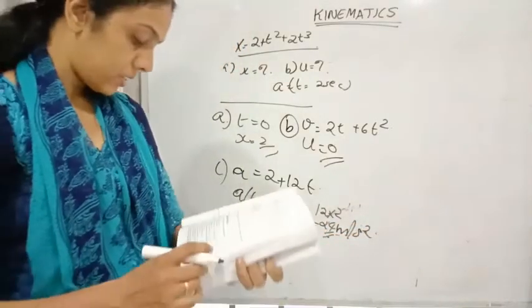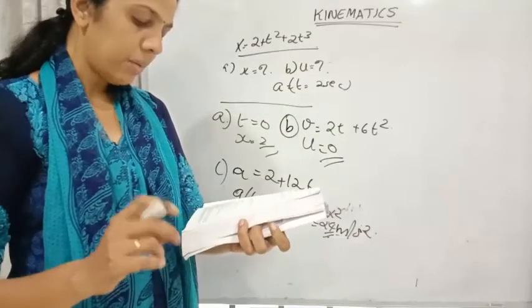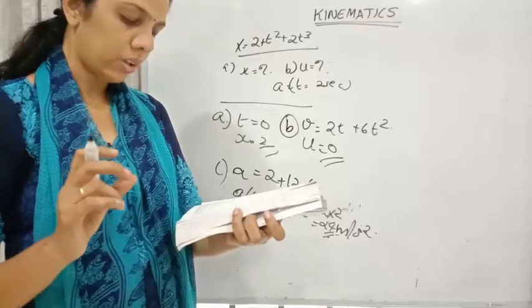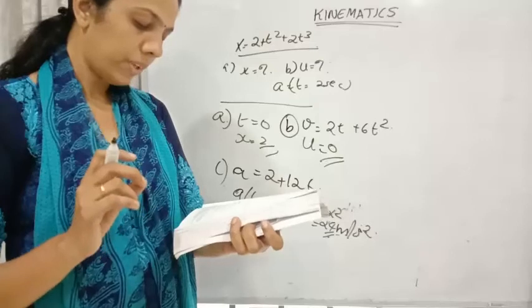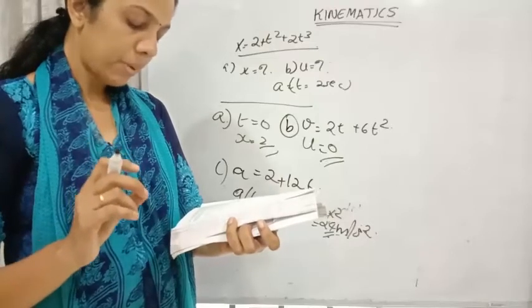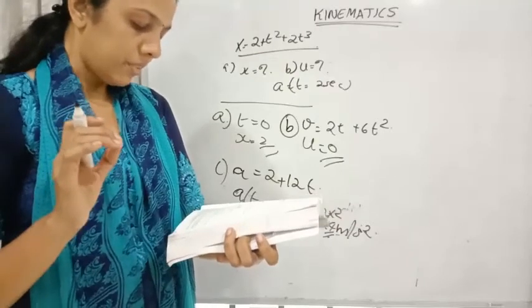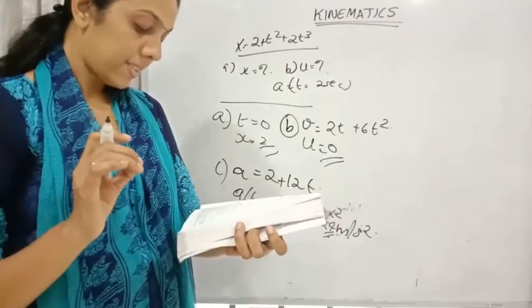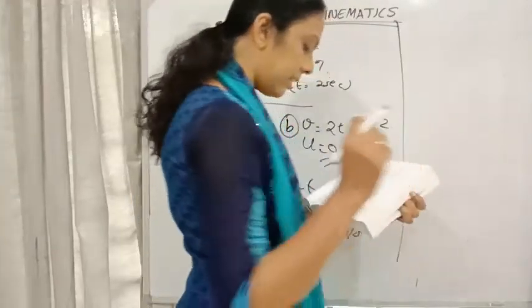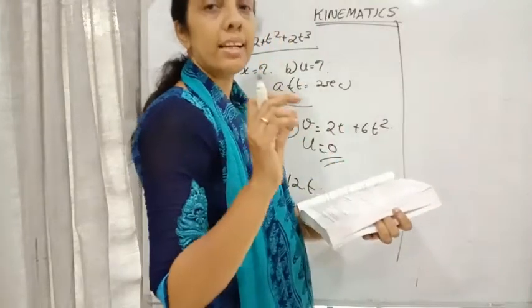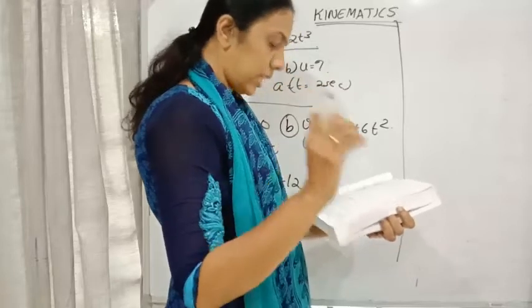Okay, next: the velocity of a particle moving in a straight line is directly proportional to the 3/4 power of time elapsed.